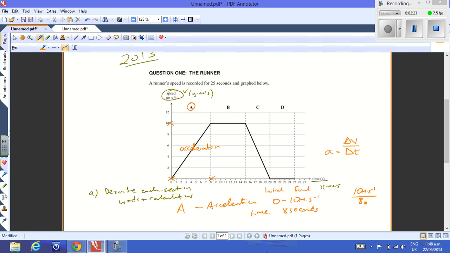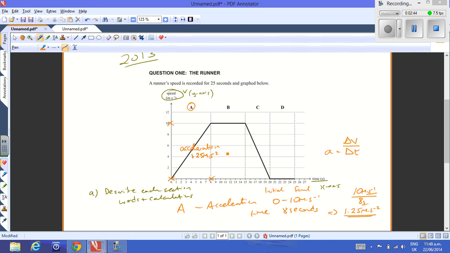So that's 8 seconds. And that works out to be 1.25 meters per second squared, because it's meters per second per second. So that's the actual acceleration for section A. So accelerating at 1.25 meters per second squared.